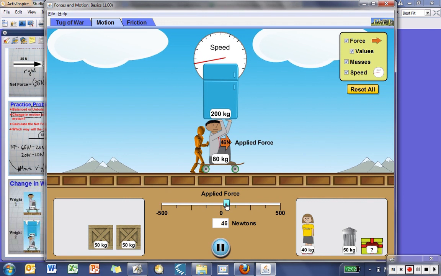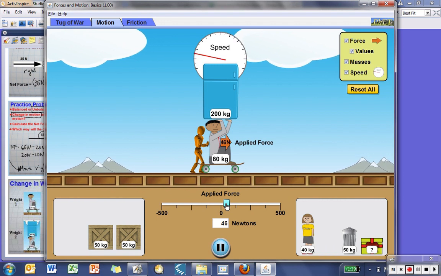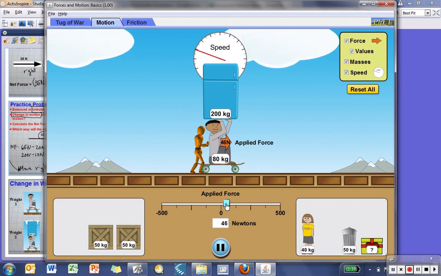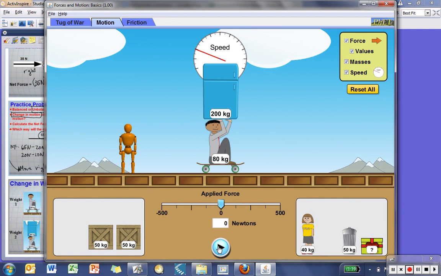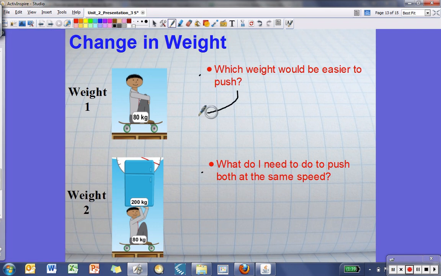Okay, look at how much slower I'm actually pushing him. A lot slower. So which one would be a lot easier to push? I hope that you can say that, obviously, in this situation, less weight equals easier push.